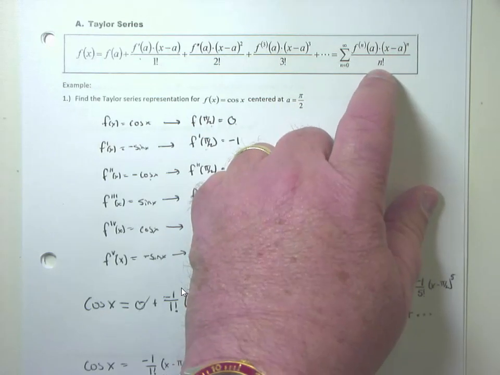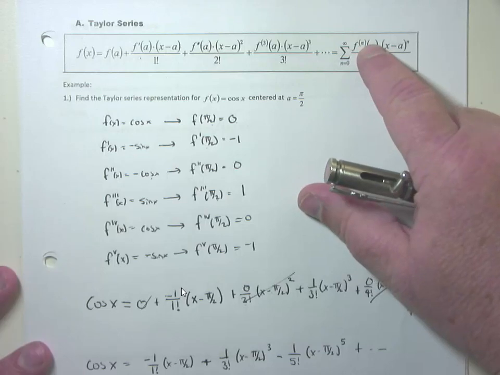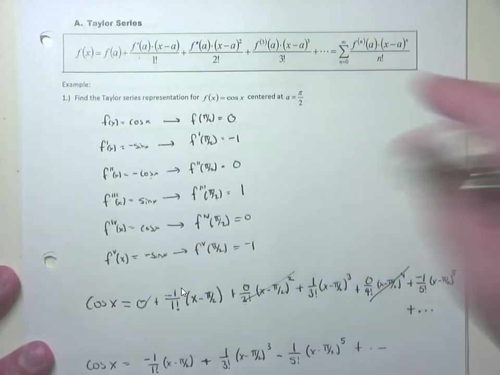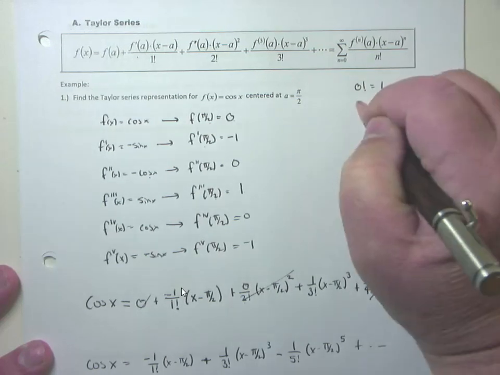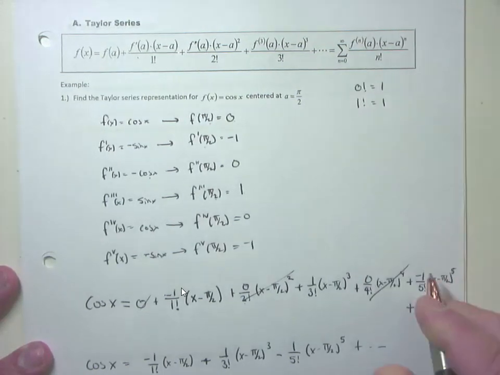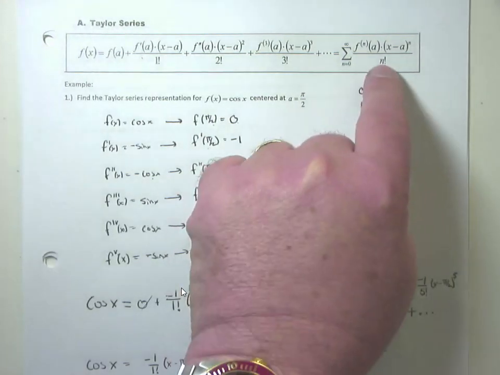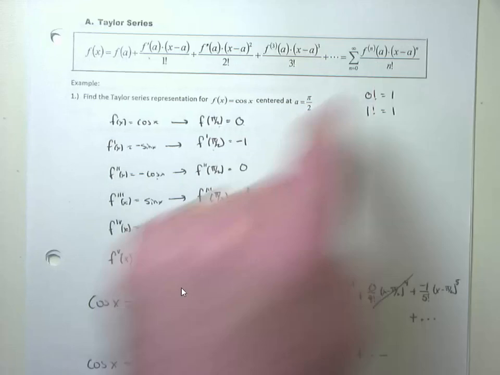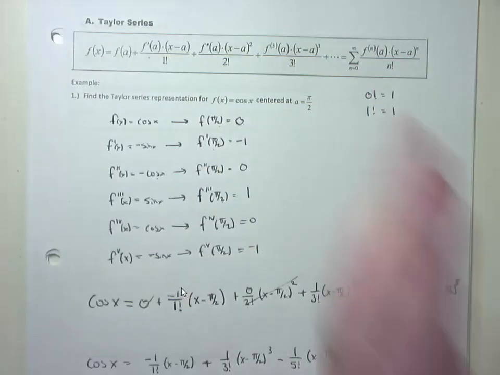Just to remind you, when you plug in the zero term, n equals 0, the zero derivative is actually the function value. 0 factorial by definition is equal to 1, and 1 factorial is also 1, because these are counting arguments. So when you have 0 factorial, you're dividing by 1. That gives you the first term, which is just a constant in your series.